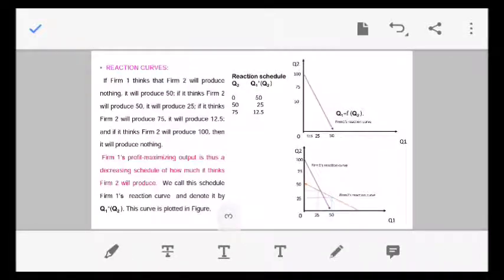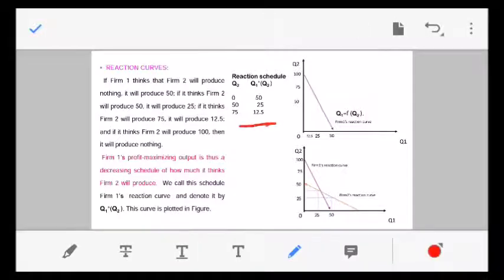So this is the reaction schedule. If firm 2 decides 0, then firm 1's quantity equals 50. So Q1 star is a function of Q2; the production of Q1 depends upon Q2.